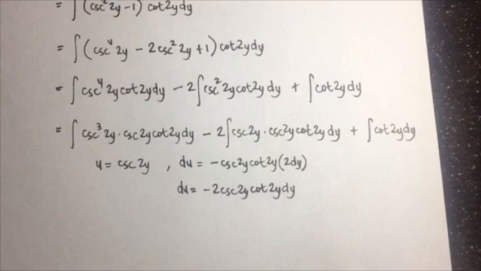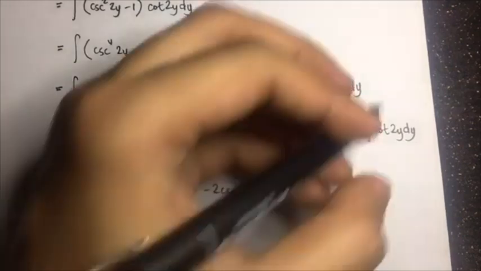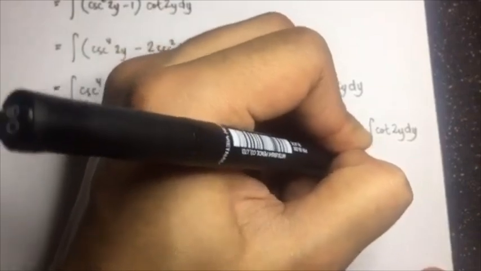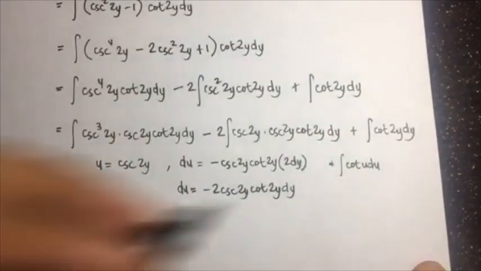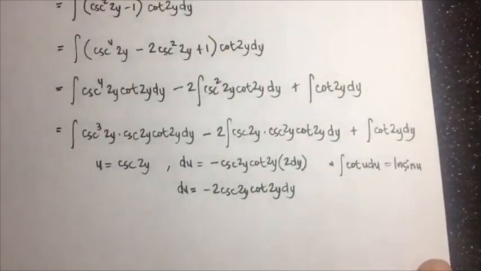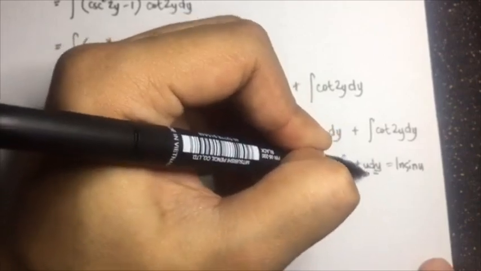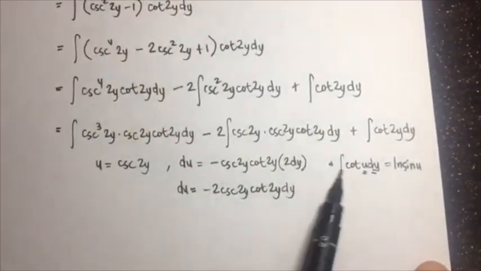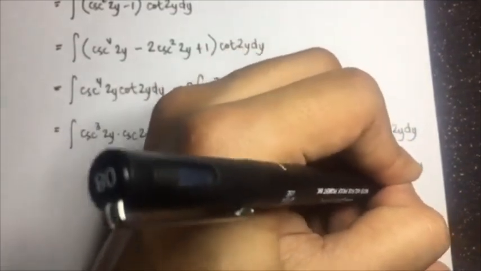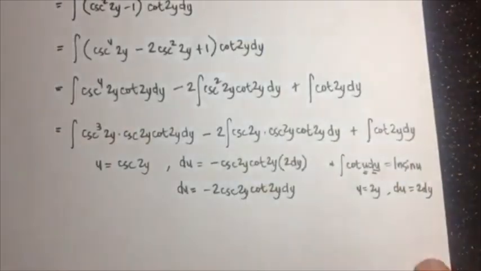Okay? And also here, if you recall our integral of cotangent, so integral of cotangent u du is equal to ln of sine of u. Okay? But the du should be the complete differential of u. So our u here is 2y. So therefore, our du should be 2 dy. Okay?